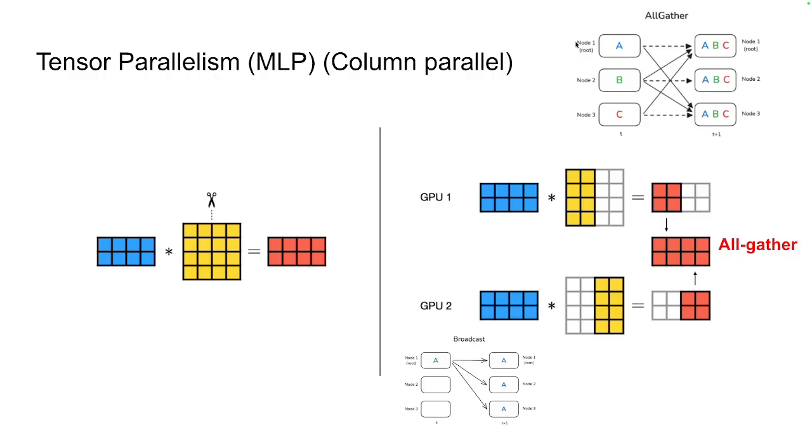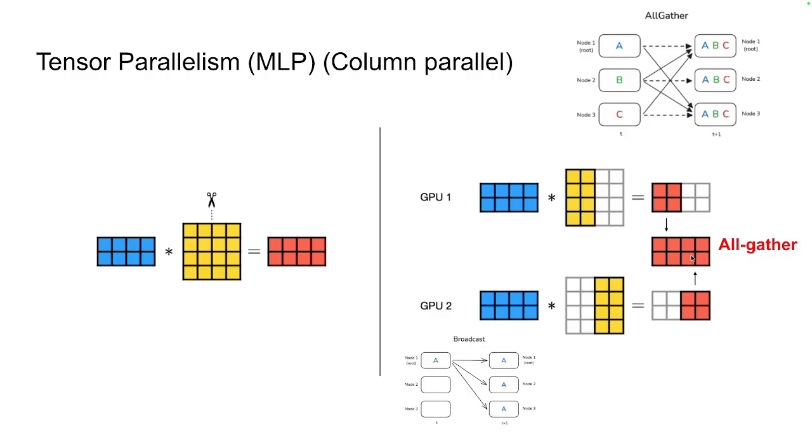In all gather, suppose your first GPU has data A, the second GPU has data B, and the third GPU has data C. If you want all the GPUs to have the same data in the same order, you can do an all gather, where node 1 will get the data B and C from nodes 2 and 3 respectively, and it will have A, B, C. So here we do an all gather between these two GPUs to have a consolidated matrix.